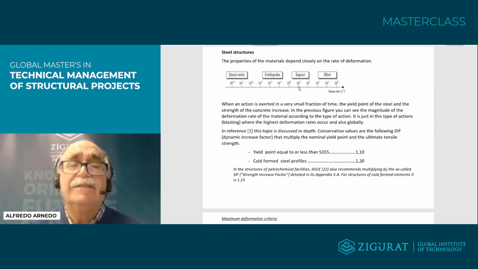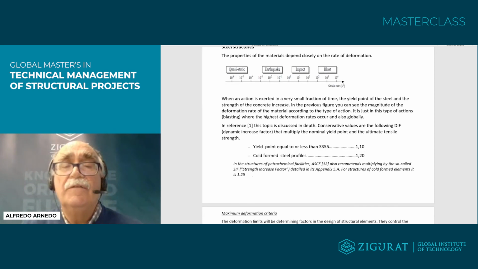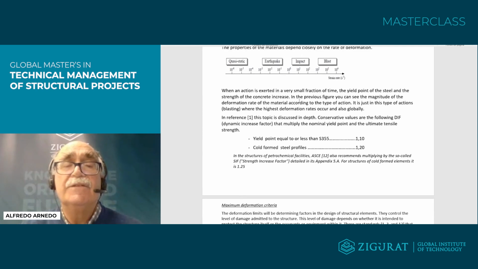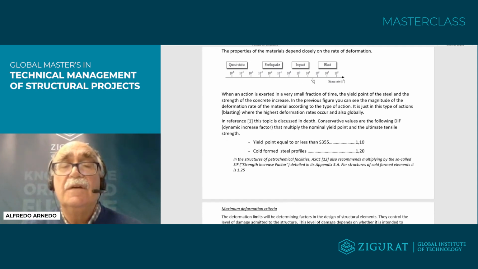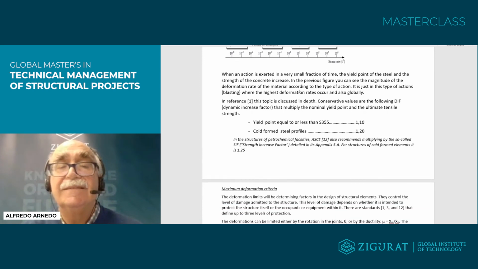In steel structures, the properties of the material depend closely on the rate, the velocity of deformation. This is a very useful figure because the quasi-static, this is the strain value in the inverse of a second, and consider that an earthquake is a problem. It's very quick, but more so is the impact, and the most important is the blast.